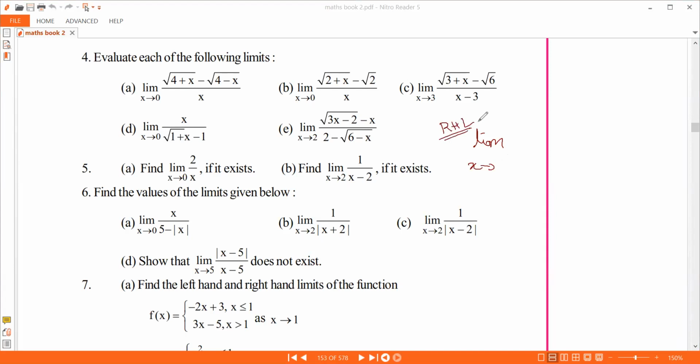So x tends to 2 plus. When I take x tends to 2 plus, that means x is greater than 0. It's obvious. So mod x will not be an issue.